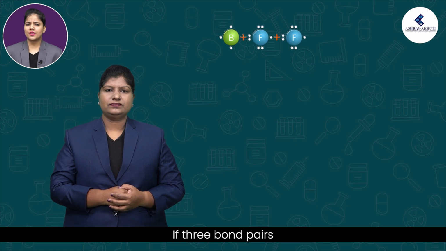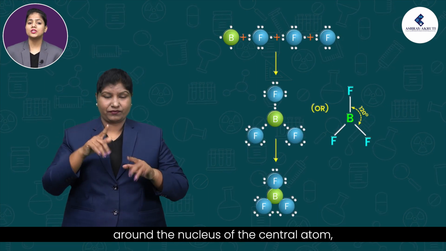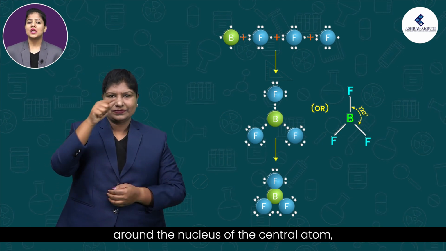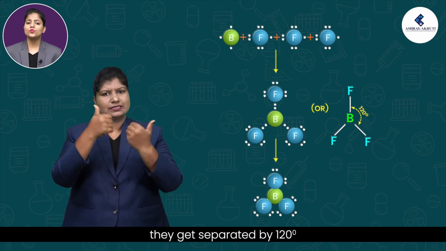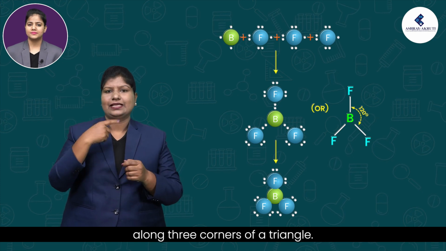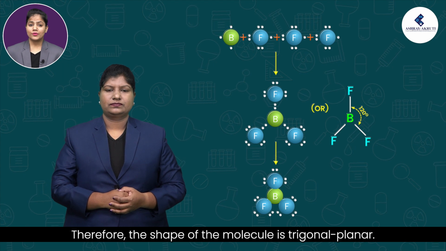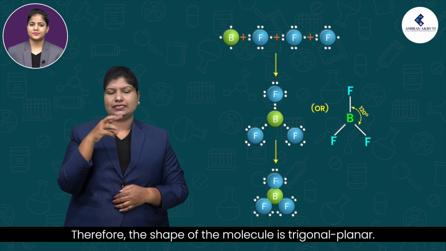If three bond pairs are there in three covalent bonds around the nucleus of the central atom, without any lone pairs, they get separated by 120 degrees along three corners of a triangle. Therefore, the shape of the molecule is trigonal planar.